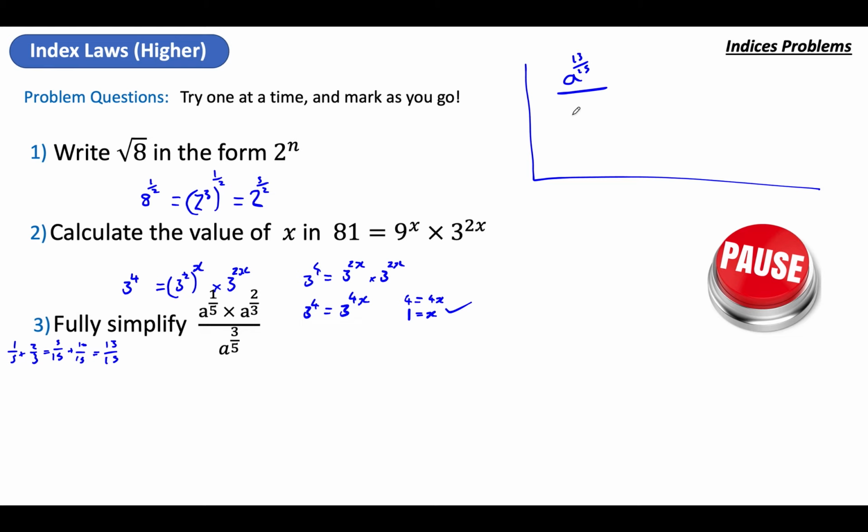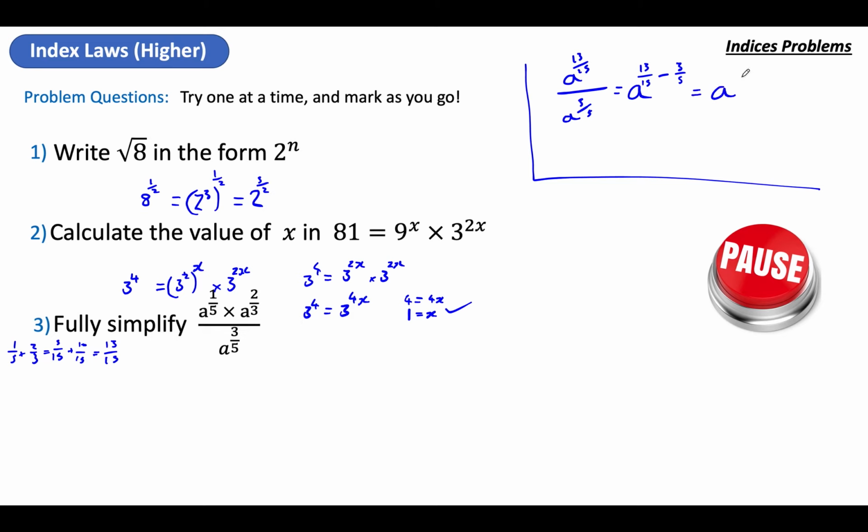And then we're dividing that by the bottom number on our fraction. So 3/5. What happens when you're dividing? Well, you subtract your powers. So this will be the same as a to the power of 13 over 15 subtract this power here, which from the question is 3/5.